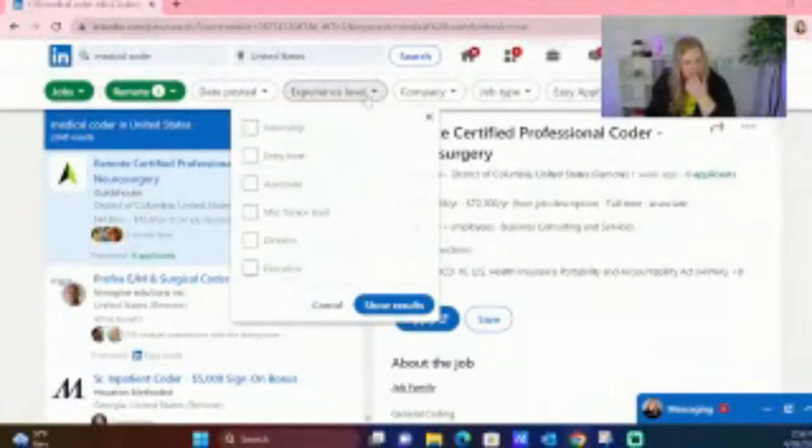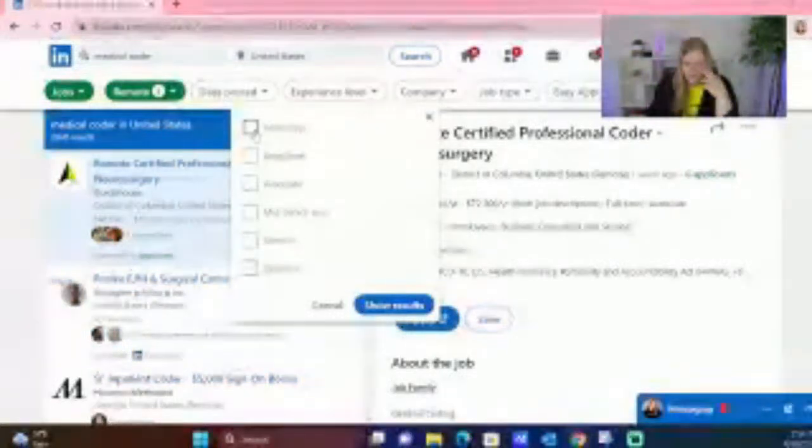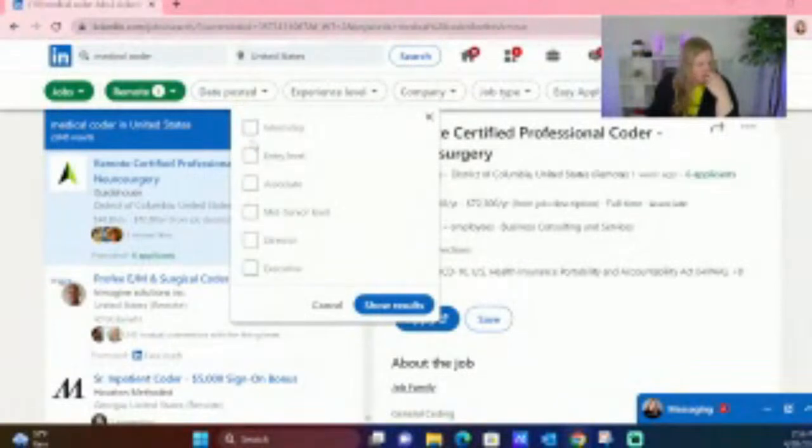You can filter this by experience level. You can find internships even, supposedly. Again, this is reliant on if the users put that in correctly. Entry level. Okay.